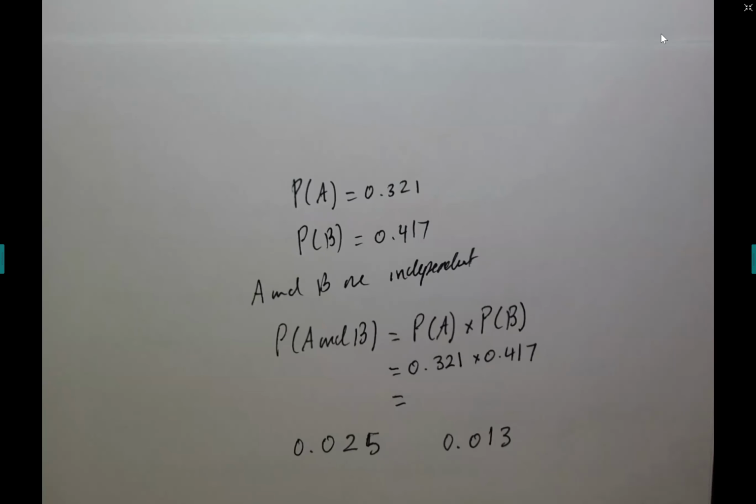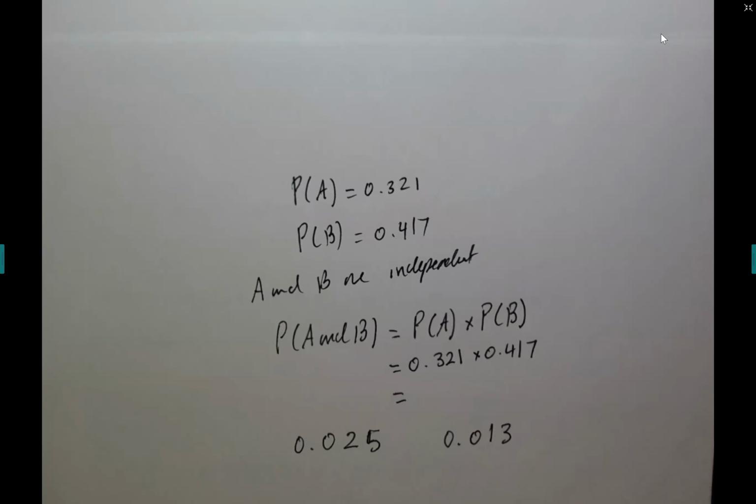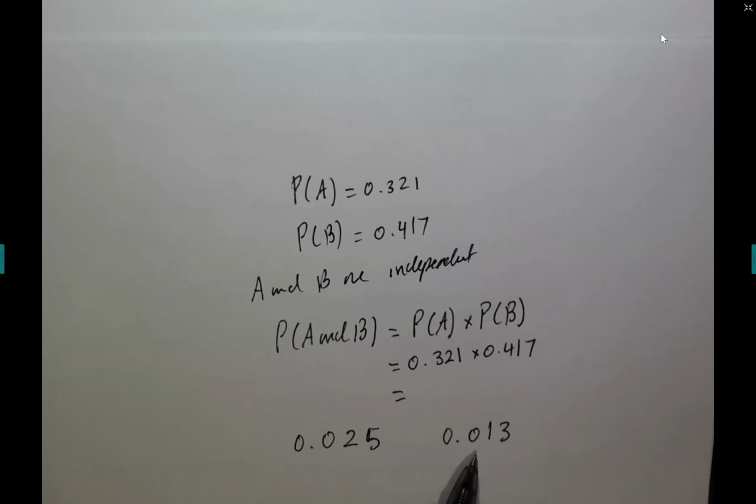First of all, guys, we agree that the two devices are independent of each other. Because I told you I'm using a standalone alarm and I'm using my phone. So two different devices. They have nothing to do with each other. So the probability that the first one will malfunction is 0.025, and the probability that the second one will malfunction is 0.013.